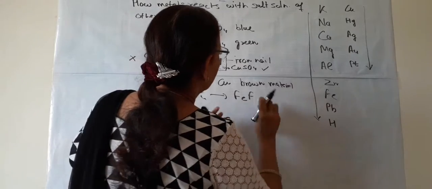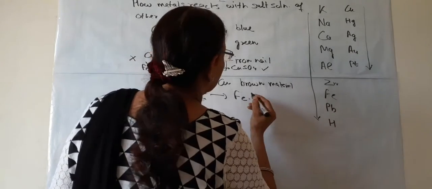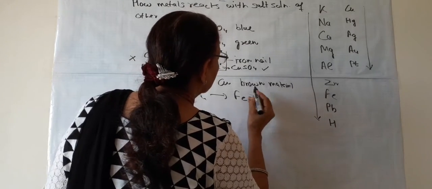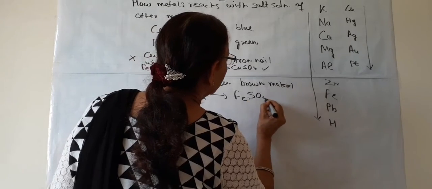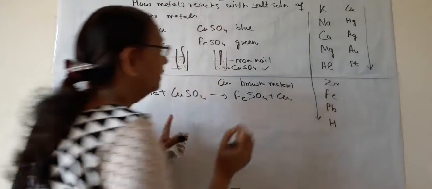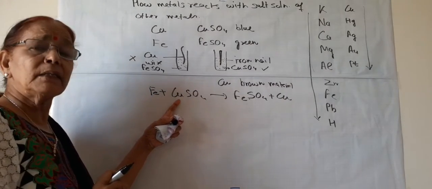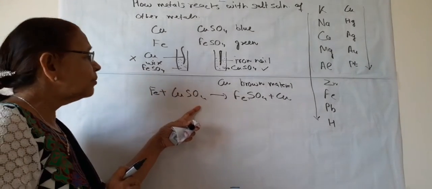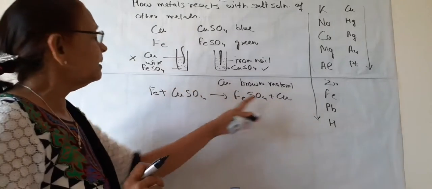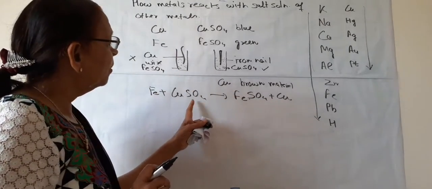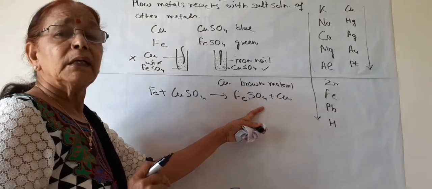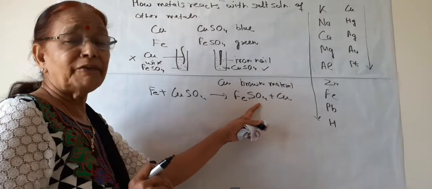FeSO4 plus copper. This is a displacement reaction. This iron displaces copper from copper sulfate solution. Copper is displaced and iron forms its salt, iron sulfate.